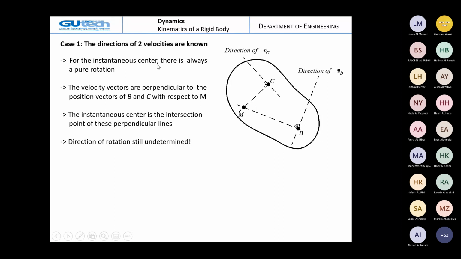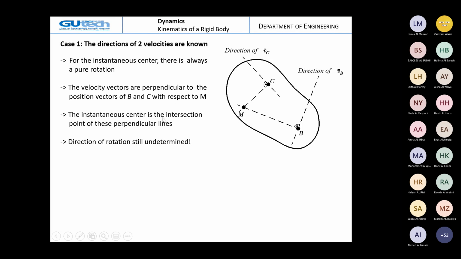Now, for the instantaneous center, there is always a pure rotation. That means pure rotation. It's not sliding. It will rotate around this point here. The velocity vectors are perpendicular to the position vectors of B and C with respect to M. That means we have the direction here of Vc, we have the direction of Vb, we draw the two lines, okay, we will get the center of rotation.